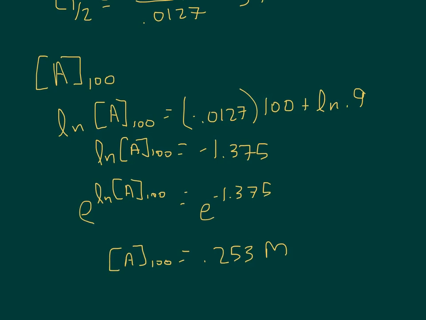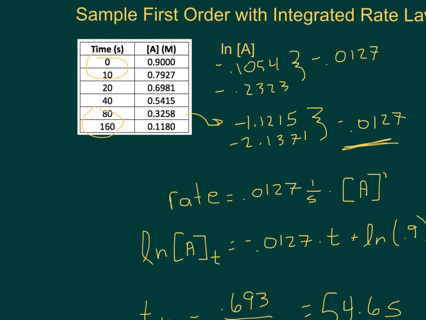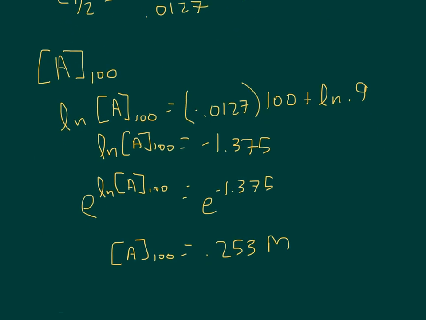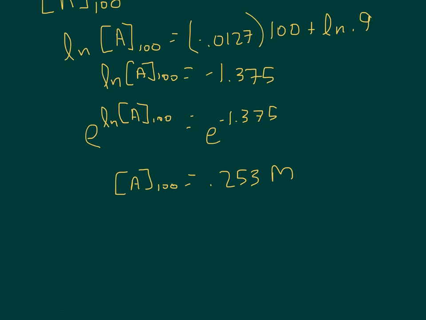Again, I always like to check. So 100 seconds would be shortly after 80 seconds, and at 80 seconds it's 0.33 molar, and so it makes sense to me that about 20 seconds later the concentration will be slightly less, 0.253.